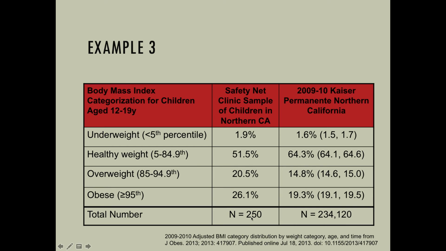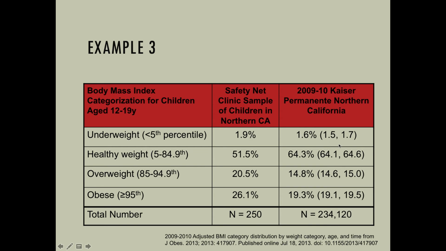So the total number in our sample is 250, and the sample for the Northern California section of this national sample is 234,120. So here we have the percent of people in our sample that's underweight, as well as those in this sample, big sample, that are underweight.